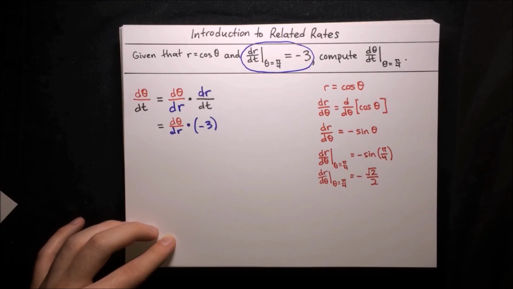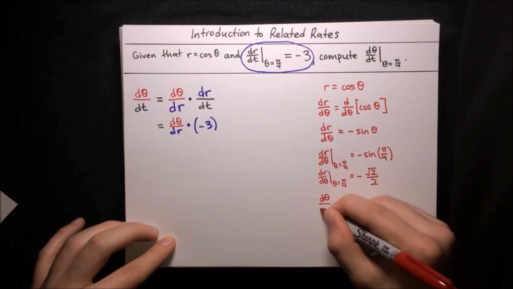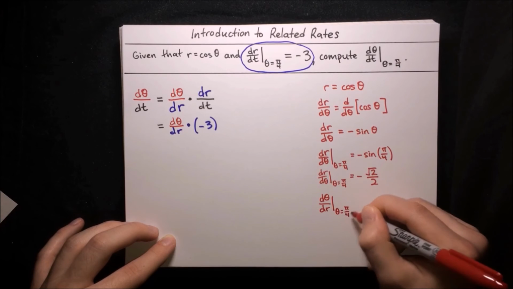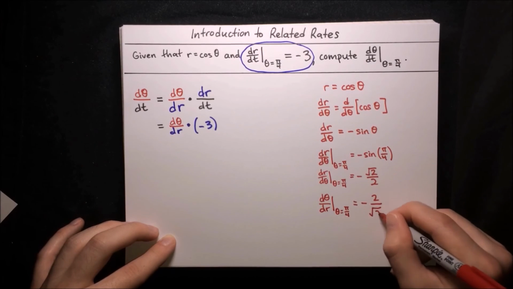Now since we want to compute d theta/dr, all we have to do is take the reciprocal of both sides. So d theta/dr at the point when theta equals pi over 4 is equal to the reciprocal, so negative 2 over square root 2.